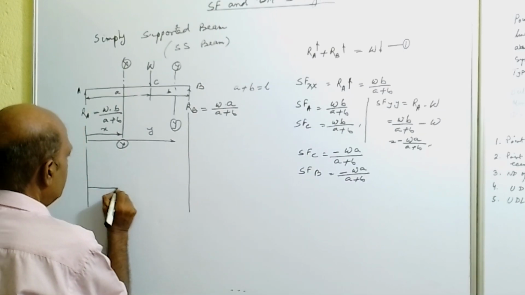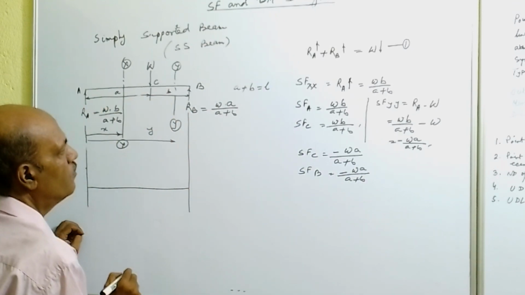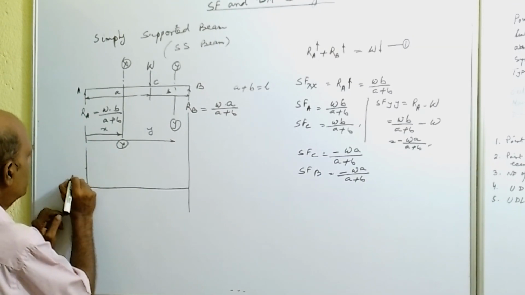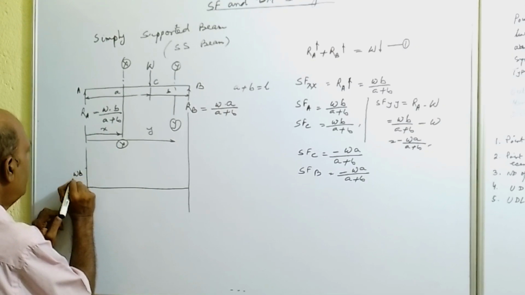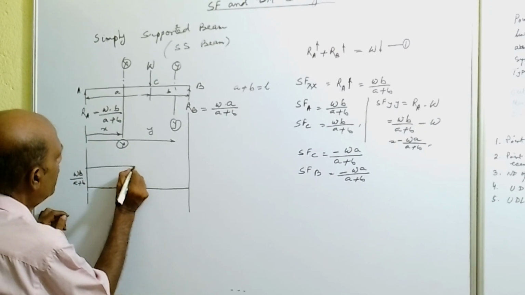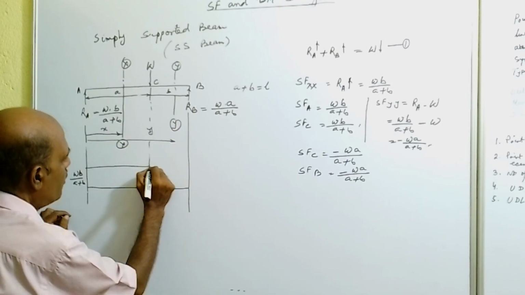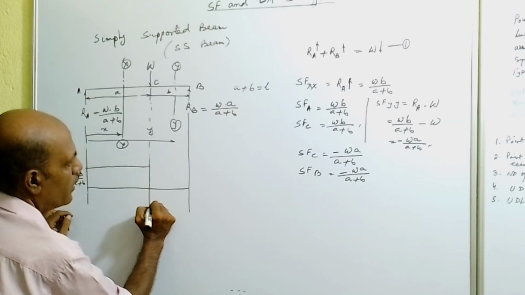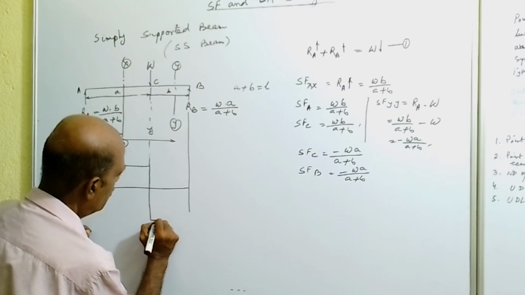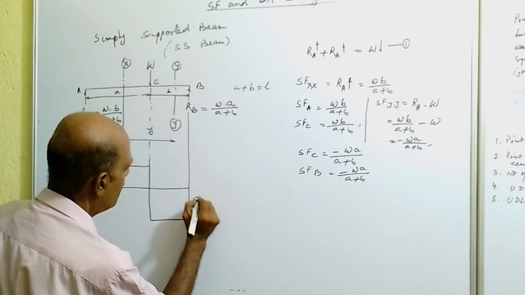First draw the baseline. At point A, the shear force is WB by A plus B. With some suitable scale, take this measurement, WB by A plus B, and draw a horizontal line up to point C. Then at point C it will change to WA by A plus B, from here to here.